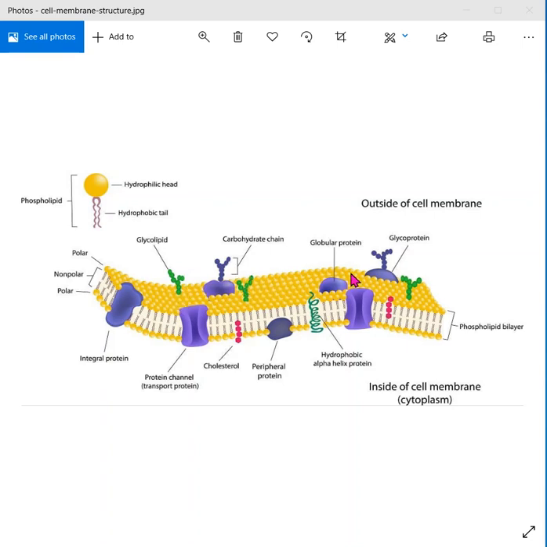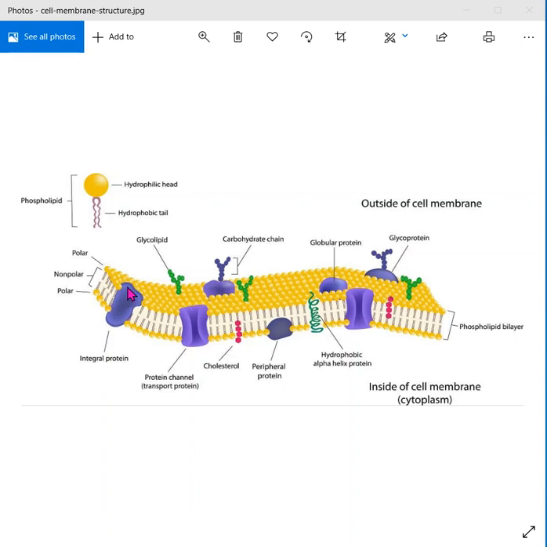These carbohydrate tails are meant for cell-to-cell recognition. That means it helps the cell to identify and recognize a foreign body, and if it is a foreign body, it tries to attack it, like our white blood cells try to engulf a bacterium. So it's a kind of ID check. It checks the ID of the cell, whether it belongs to the organism or is a foreign body.